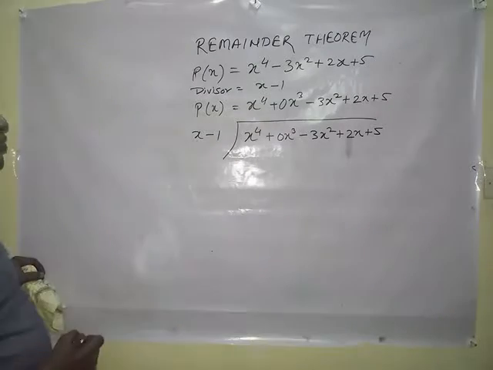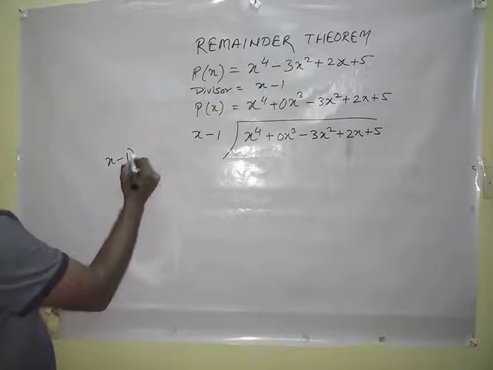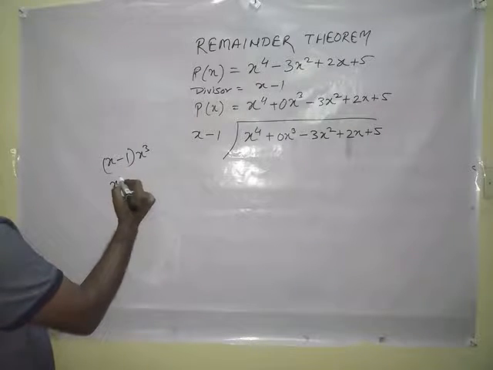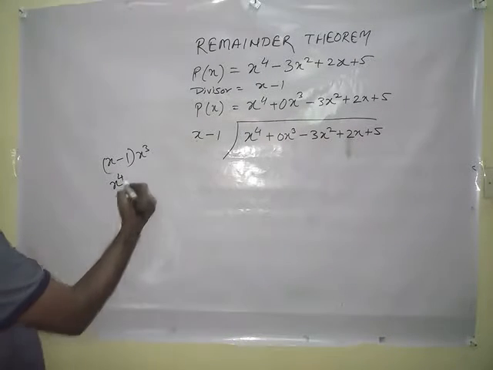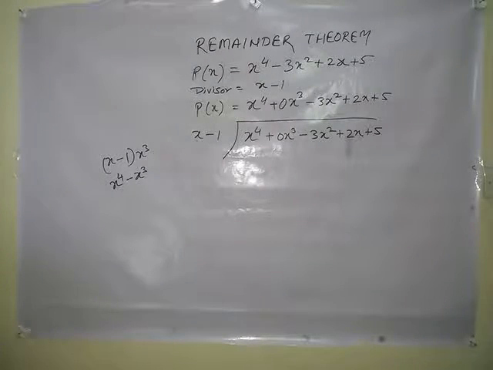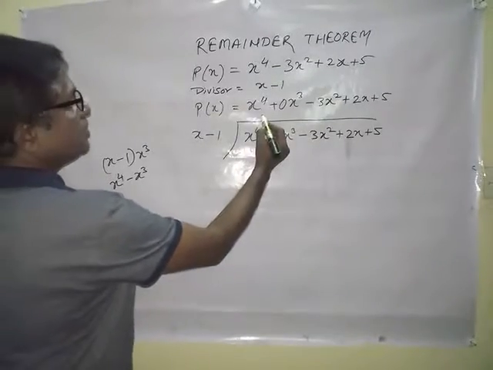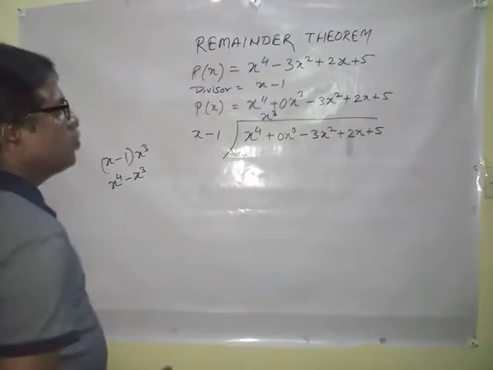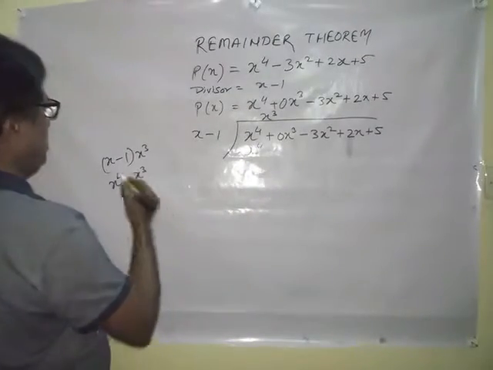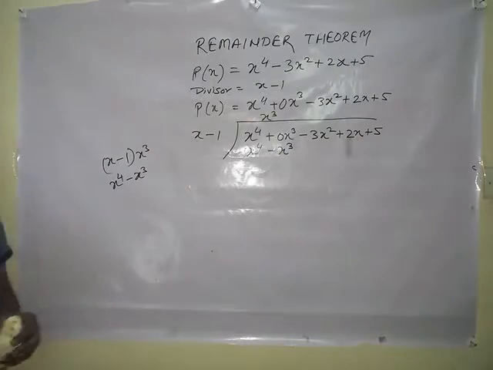For getting the first term of the quotient, I will solve it here, x minus 1 multiplied by x cube. So if you take x raised to power 4 minus x cube. So this way the first term will be x cube, then here it will be x raised to power 4 minus x cube.